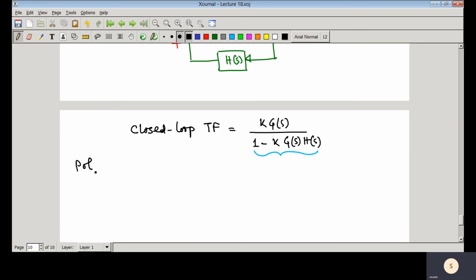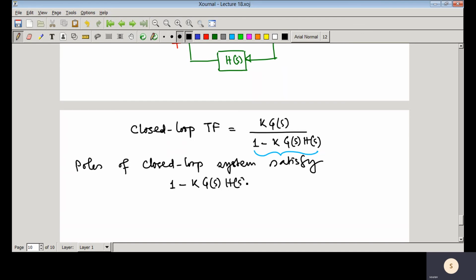So poles of closed loop system satisfy the characteristic equation: 1 minus K G of S H of S equal to 0. From here we get K G of S H of S equal to 1.